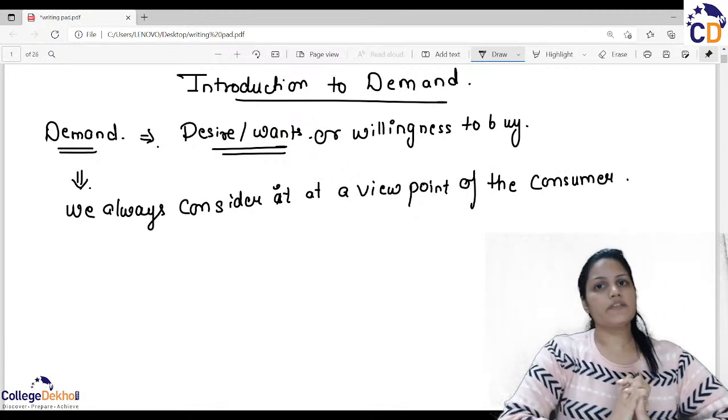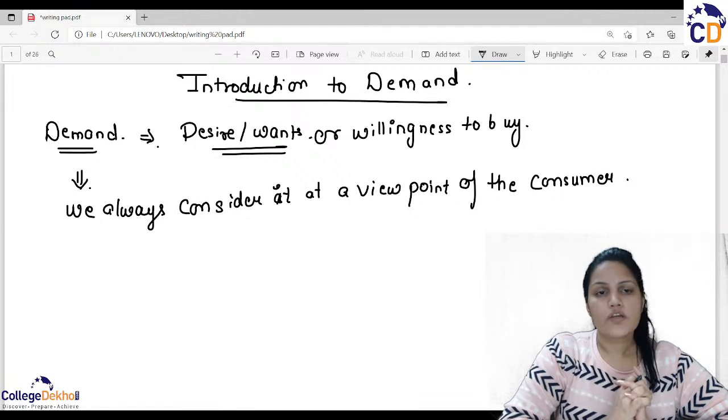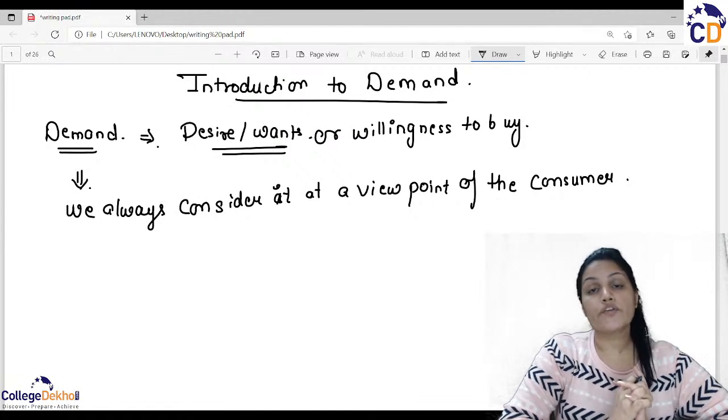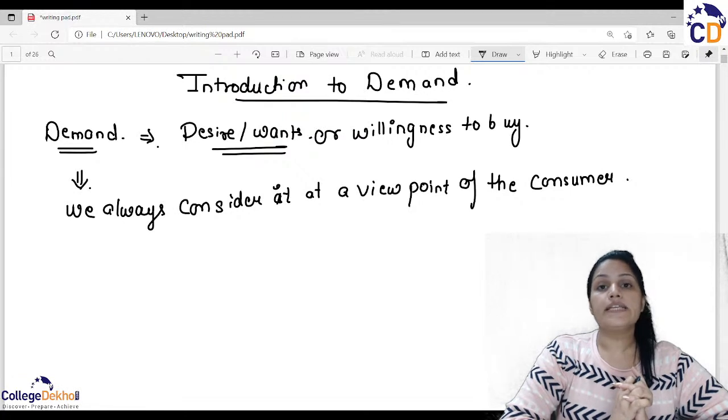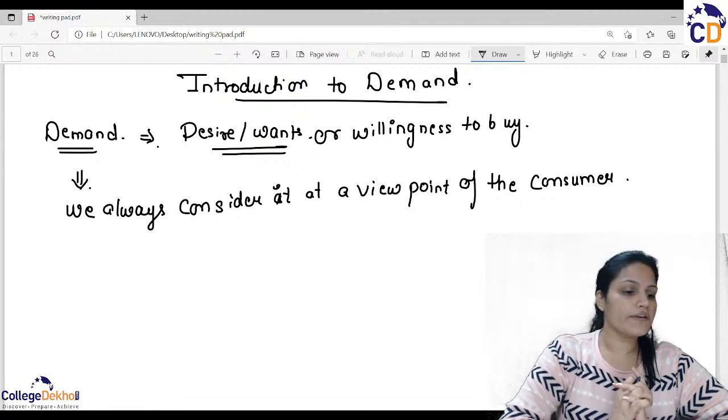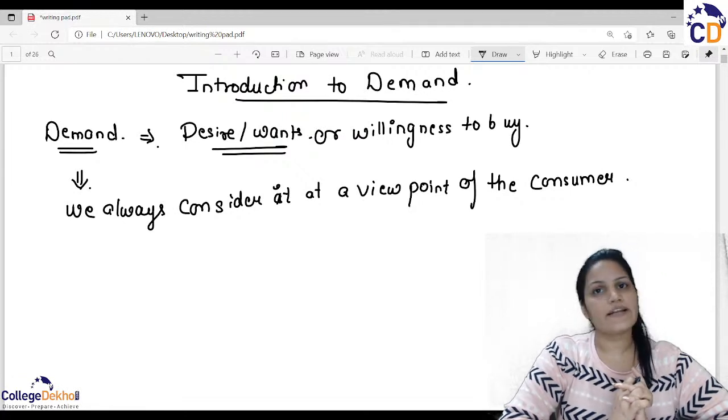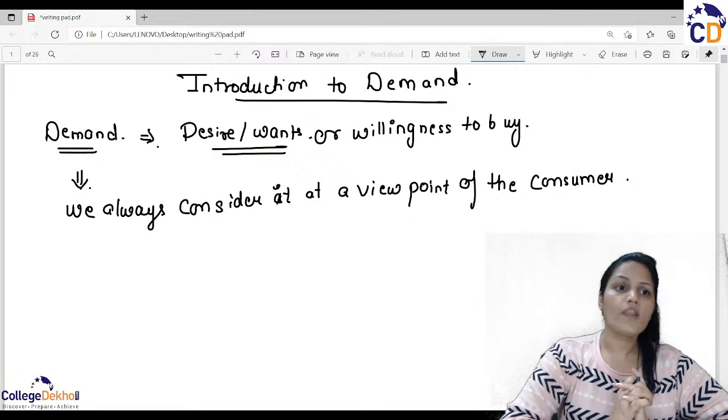What does the consumer think? Because those who are going to buy something, that person is the only customer or consumer. As that person needs that item, that is the only reason they are going to purchase it. And they show their willingness that yes, he is interested in purchasing that particular item.